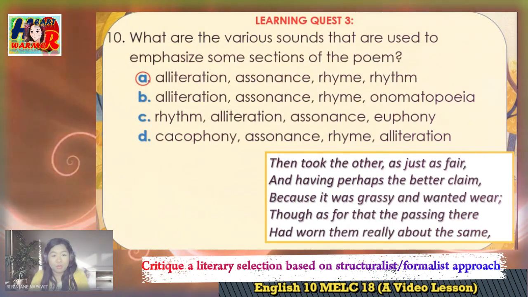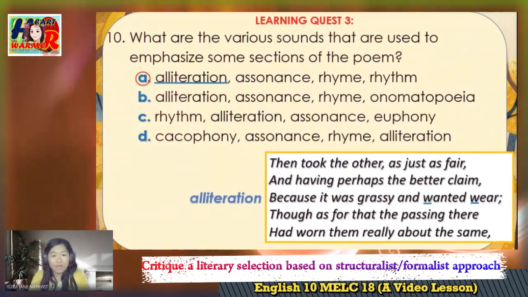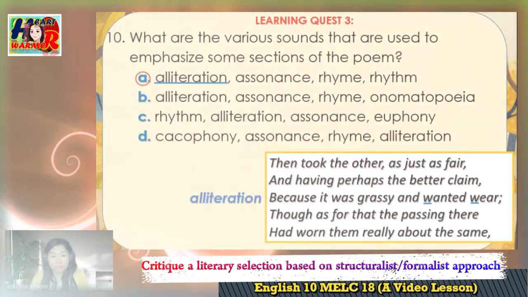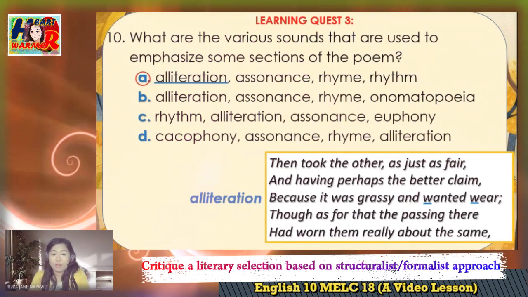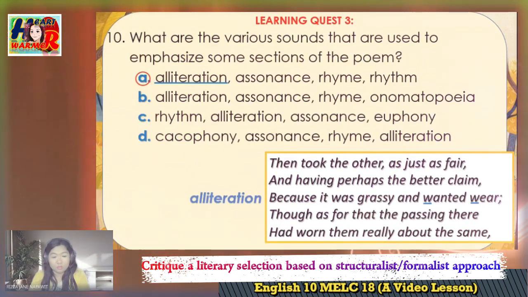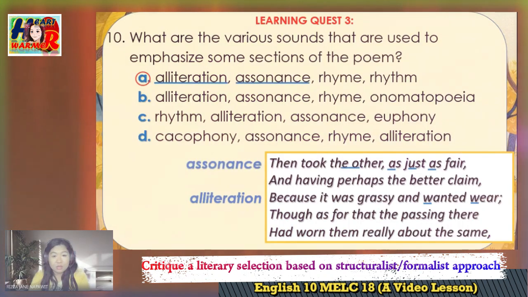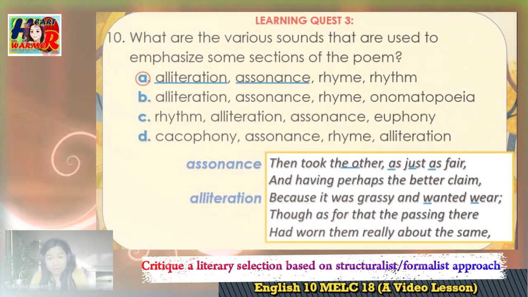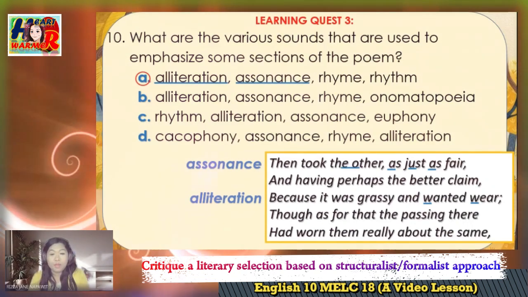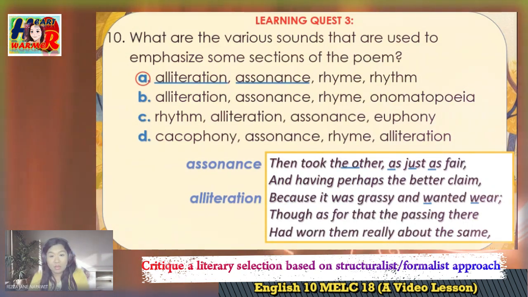Let's have this sample. So we have alliteration because of the words "wanted" and "wear." Both start with the W consonant sound. Next, we also have assonance, in the words "other," "as," "just," "as."